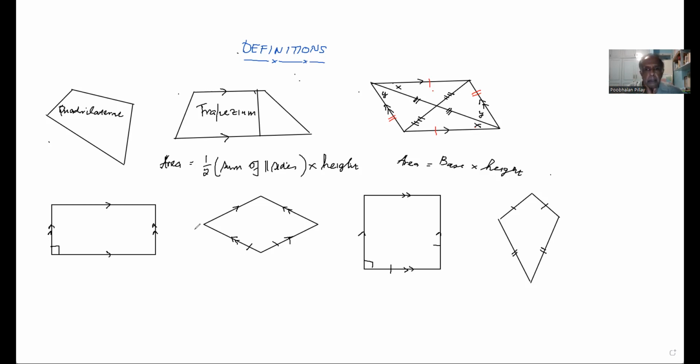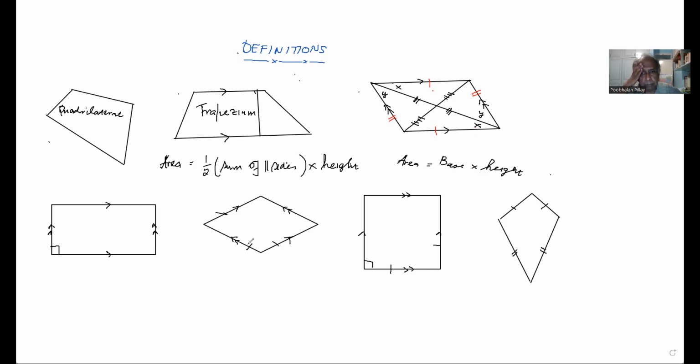Okay, now the rectangle, the rhombus, and the square are all parallelograms. So because they are parallelograms, they will also have exactly the same properties. We said that those opposite sides are equal. Here too, as we said earlier on, the opposite sides are equal.